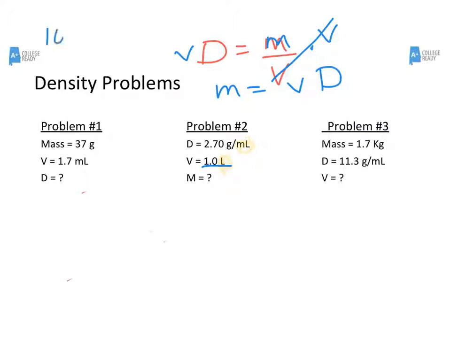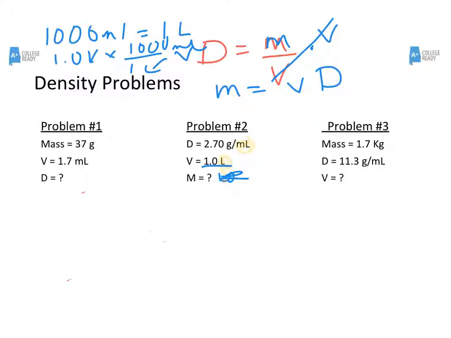So there are 1,000 milliliters in 1 liter. So if I have 1.0 liter times 1,000 mLs over 1 liter, my liters cancel. That's going to give me 1,000 milliliters.